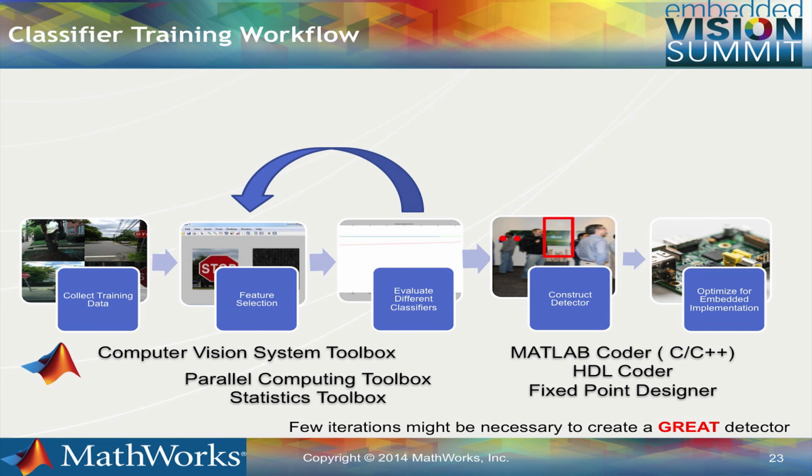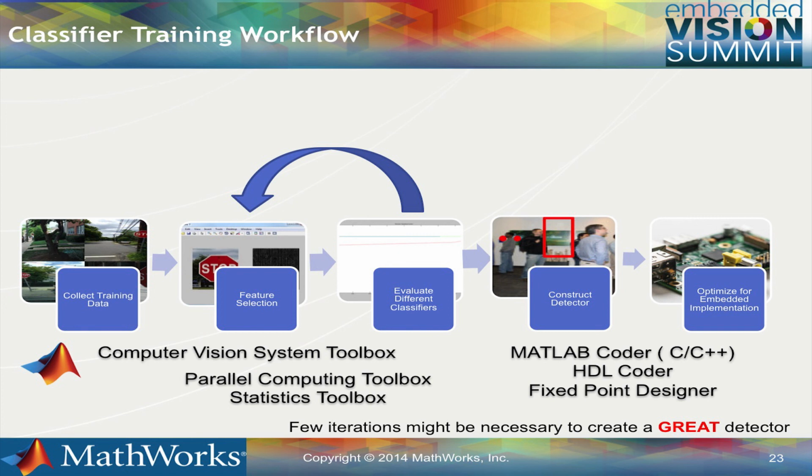So I used MATLAB and the computer vision system toolbox to collect the training data. There's an app that helped me label my training data really quickly, and also to perform the feature selection. And then I used the statistics toolbox, which gave me, I think, 8 or 9 different classifiers that I tried before I figured out linear SVM probably worked best for me.